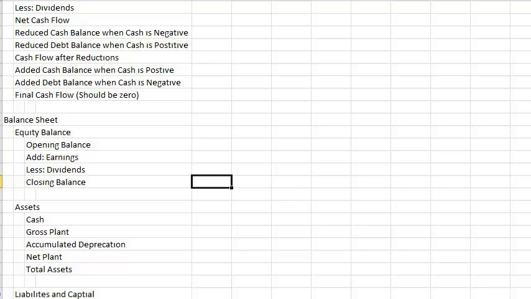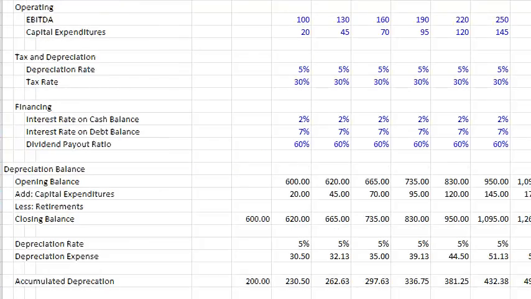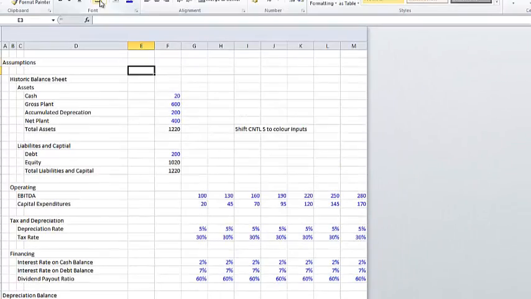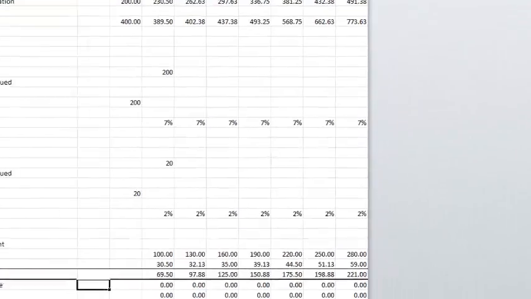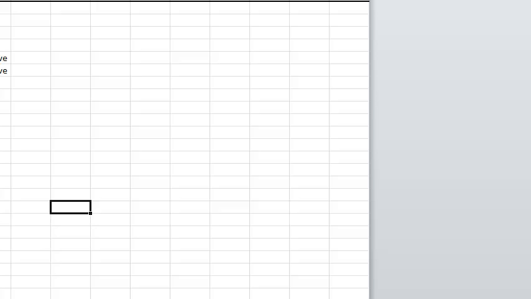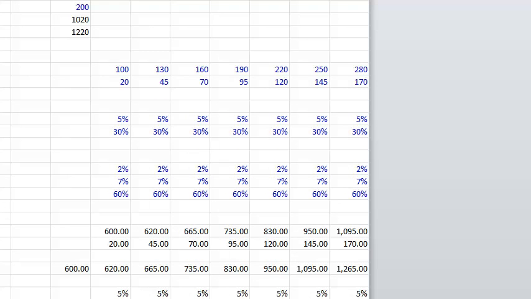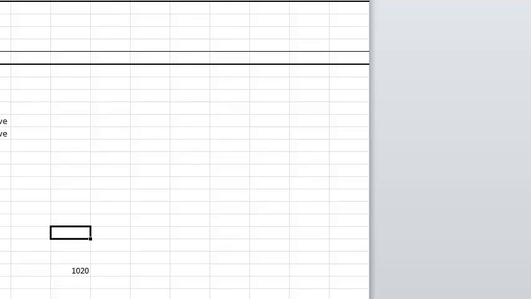I was going to split the screen, but let's not bother. The closing balance of the equity is from our balance sheet, opening balance is the closing balance, earnings come from our profit and loss statement, dividends are hopefully from our cash flow statement.